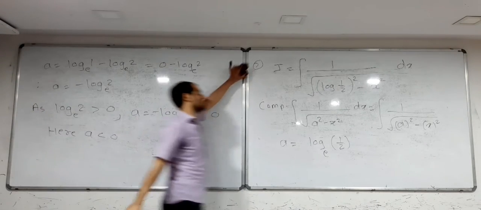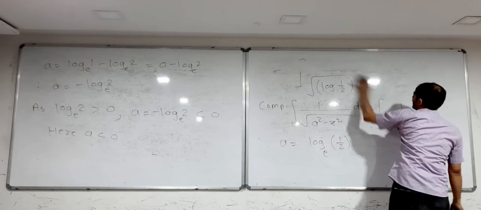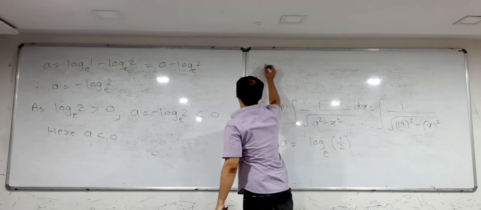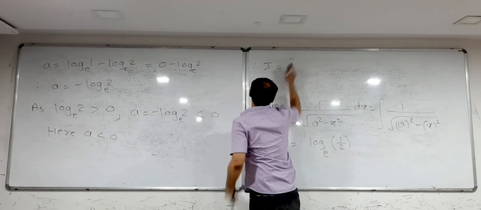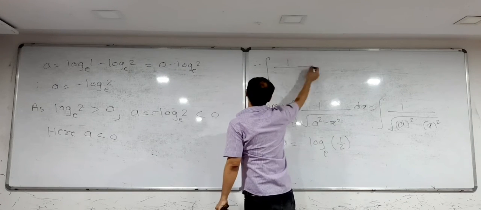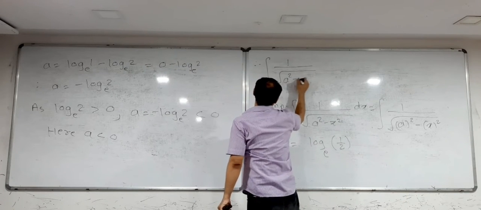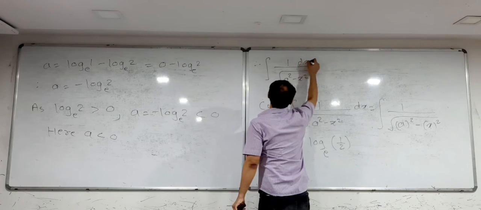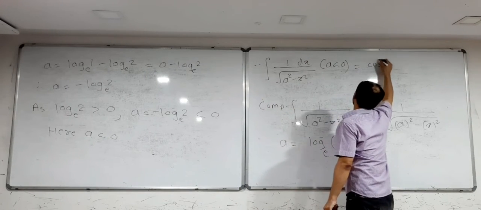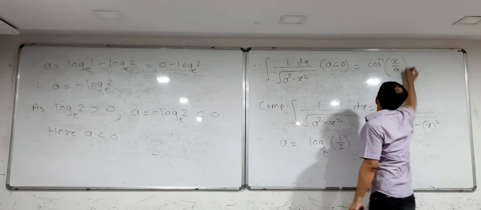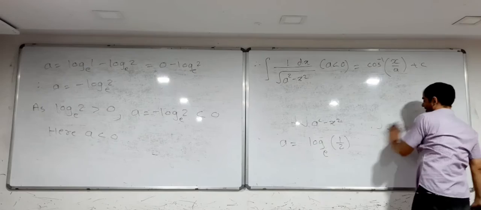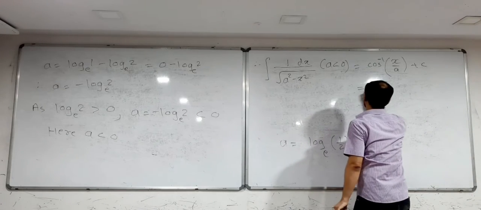So for the integration, many students will have difficulty writing its answers. So therefore write the result I just taught you: the integration of 1 upon square root of a square minus x square dx when a is less than 0. What will the answer be? When a is less than 0, directly write cos inverse x by a plus c, or you can also write minus sin inverse x by a plus c.